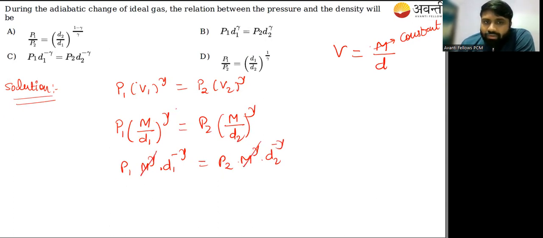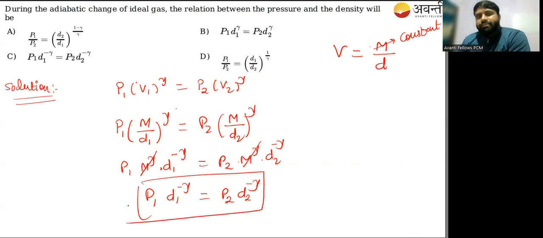This and this will cancel out. So we can say that P1 d1 raised to the power minus gamma equals P2 d2 raised to the power minus gamma. So that is the relation between pressure and density in adiabatic process. So option C is the correct one.